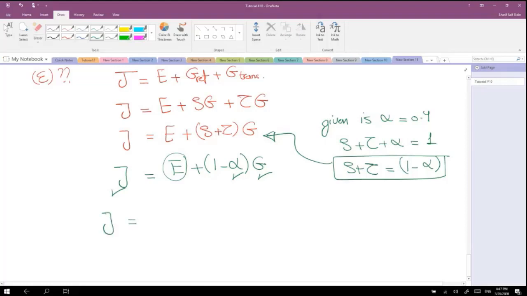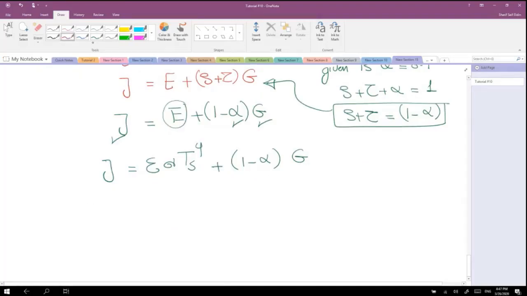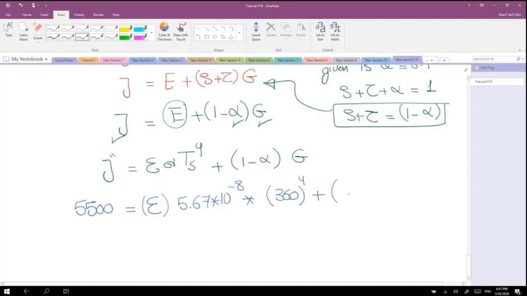So J is basically going to be epsilon sigma T surface to the power 4 plus (1 minus alpha) multiplied by G. And J is 5500 as given to you, is equal to the emissivity, which is the thing that we want, times sigma, which is 5.67 times 10 to the negative 8, times the surface temperature 360 to the power 4, plus (1 minus alpha), which is 0.4, multiplied by the G that we just got, which is 8,000.